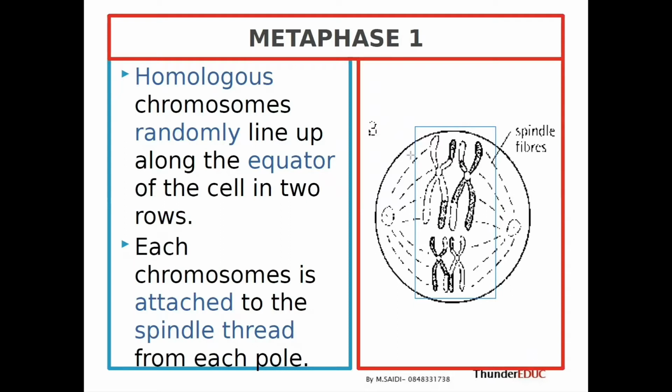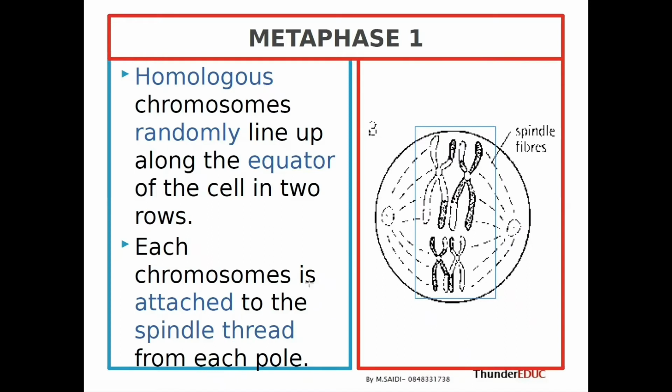This is the homologous pairs of chromosomes, because this is metaphase 1. Homologous chromosomes randomly line up along the equator of the cell in two rows. If the number is 46, the next one will be there and there, and so on.